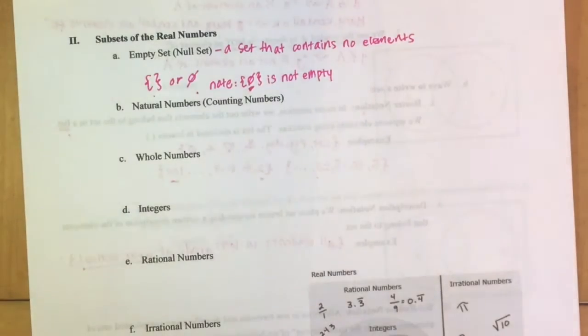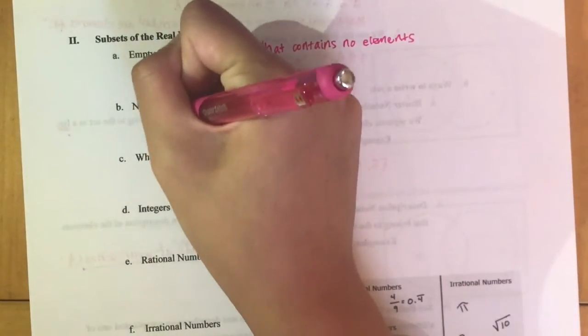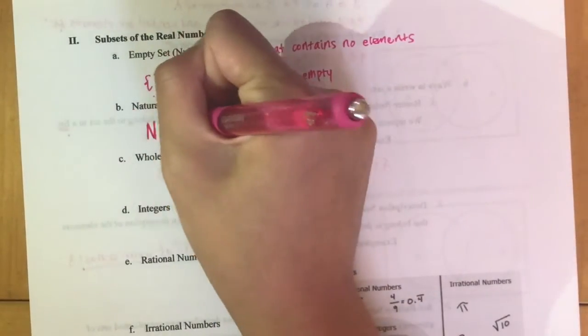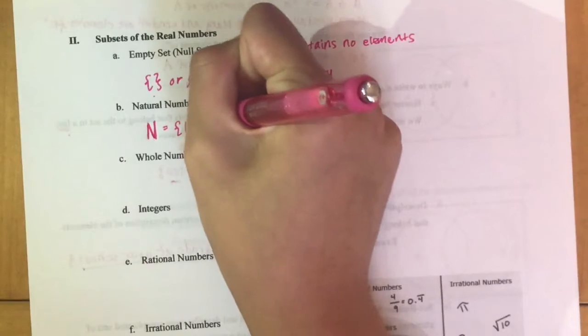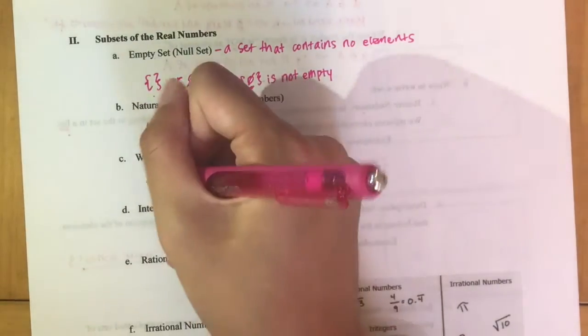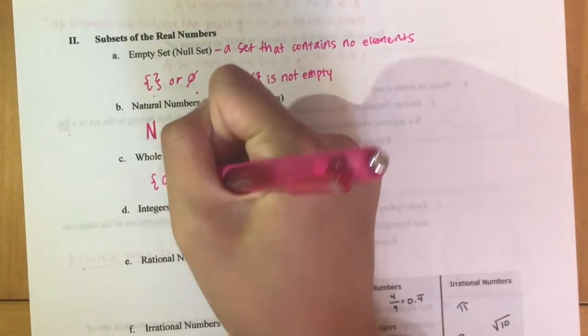Then we have natural numbers, which is denoted in a darkened capital N, and that is just all of the positive non-zero whole numbers. And then whole numbers are just natural numbers, but it includes 0.